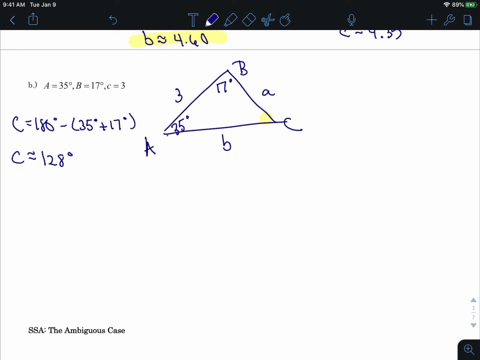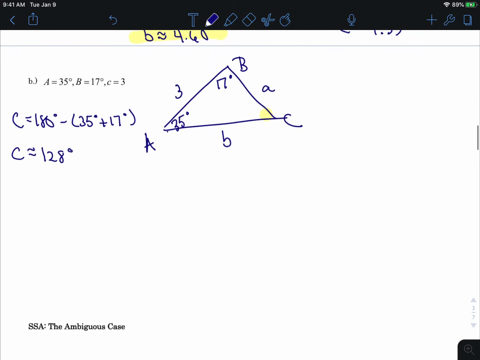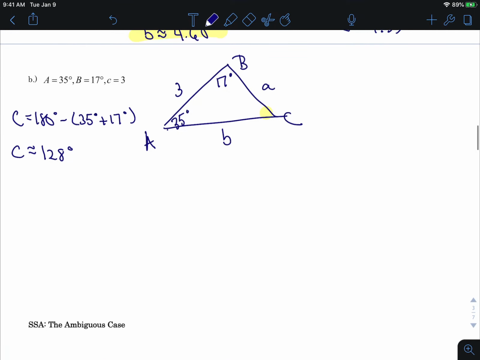All right, so now I have to solve for A or B, whichever one you want to do. Now my full ratio has to use what I just found. So sine of 128 degrees over 3 is approximately, and it's whatever one you want to solve for, so I'll do A. So clearly my triangle is not drawn accurately if that's 128 degrees, but it was just to give me a visual.